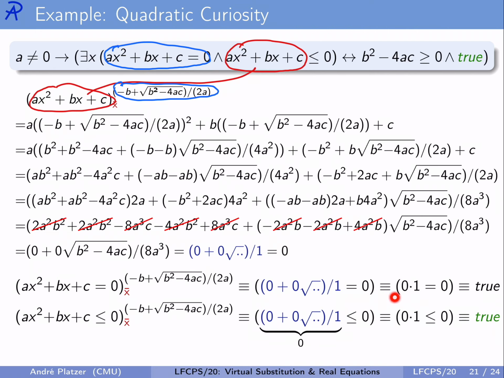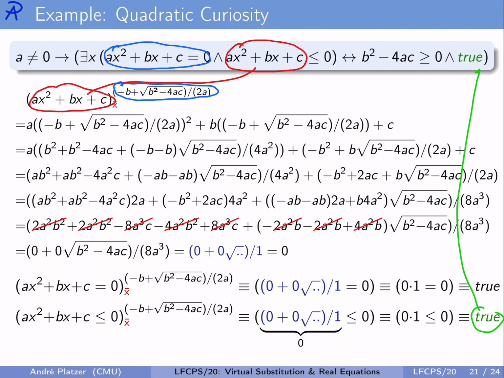And comparing the 0 to 0, of course, even if we do the constructions, will give us 0 times 1 equals 0, which is very simply true because 0 times 1 is 0 indeed. And if we plug this in for less or equal comparison, we will get 0 times 1 is less or equal to 0, which is also very much true. In other words, here we will get back the value that we expected at the end.